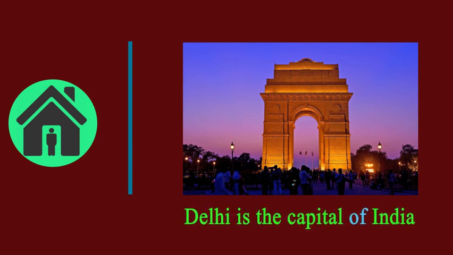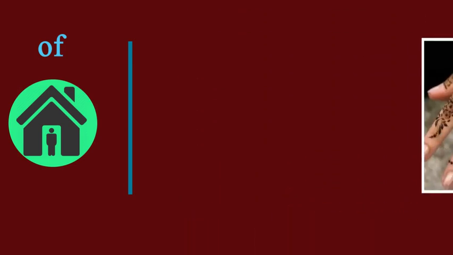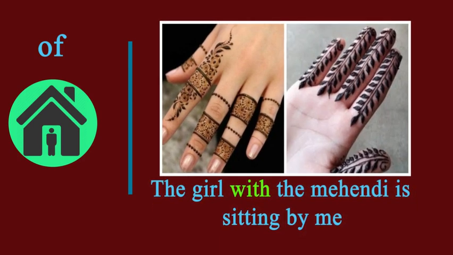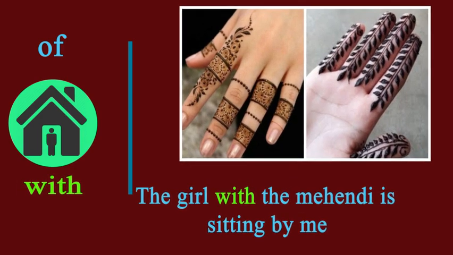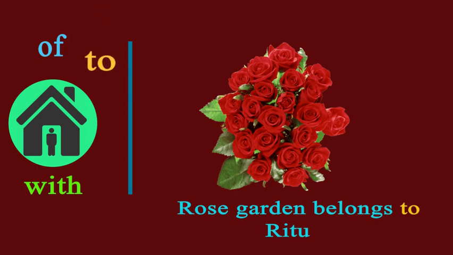Of is used for possession. The girl with the mehendi is sitting by me. With implies possession. Rose garden belongs to Ritu. Here to implies owning of the rose garden.